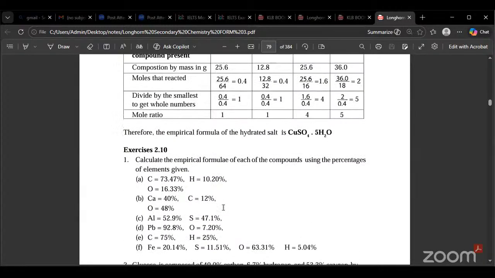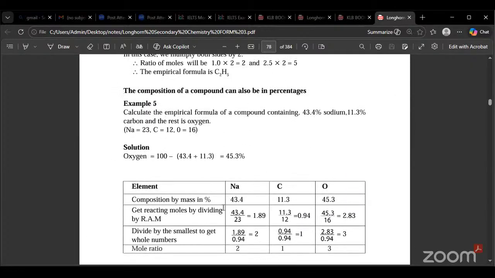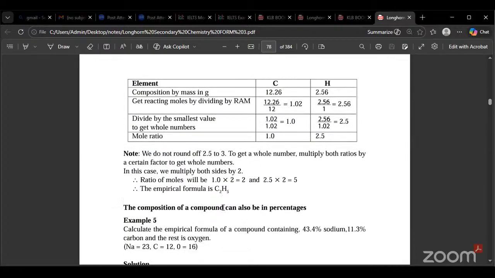Calculate the empirical formula of a compound containing sodium, carbon, and the rest is oxygen. We have sodium, they've given you 23. Carbon is actually a very easy one. If you know how to write the sodium carbonate formula, you'll get that one correct.